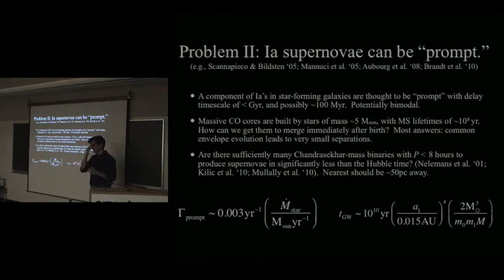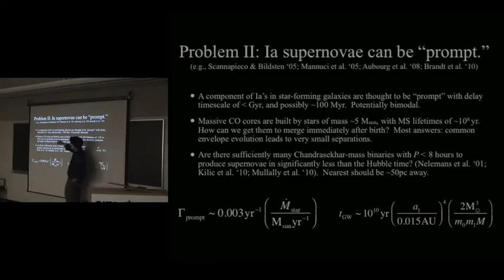The first 1a is actually about 100 megayears to about half a gigayear after that burst of star formation. And this is work by Scannapieco and Bildsten, but also by Mannucci, and then various statistical studies have been made by comparing the type 1a rate to the star formation rate.